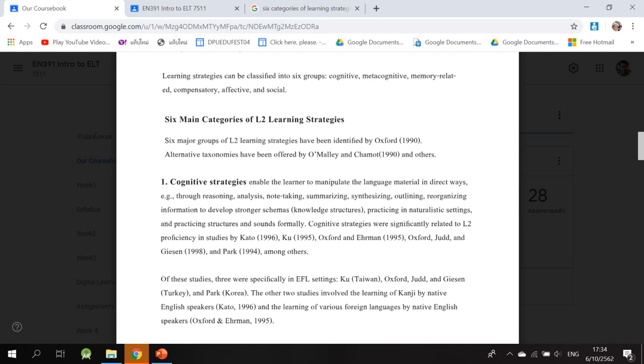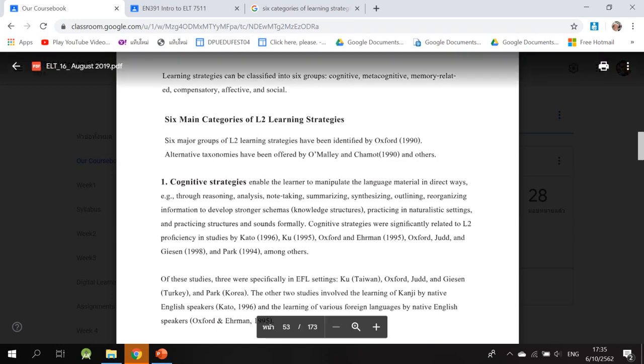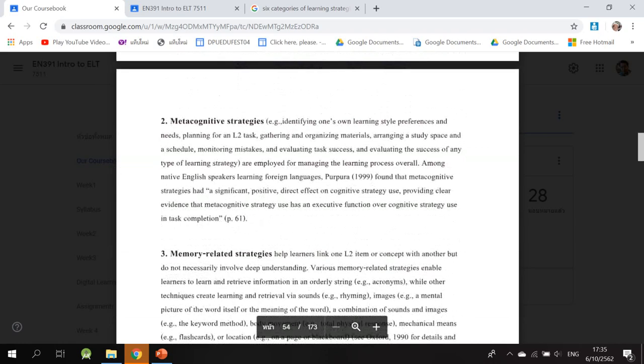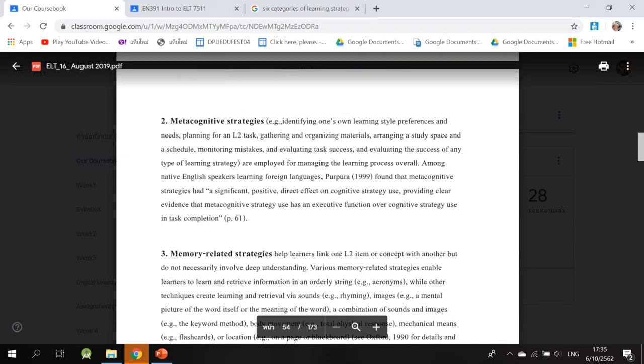So this is what the cognitive strategies are. Then we have the metacognitive strategies, and metacognitive strategy means thinking about your strategies.